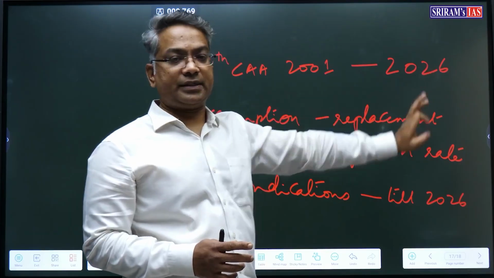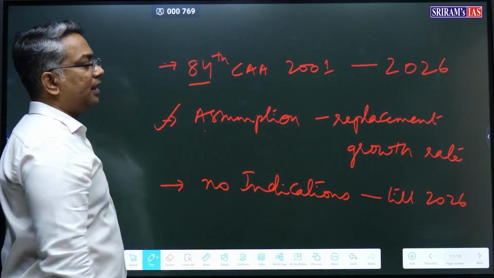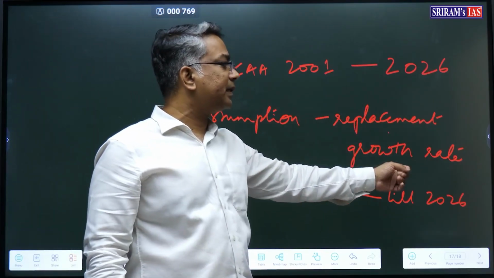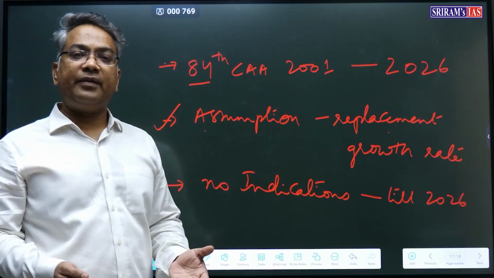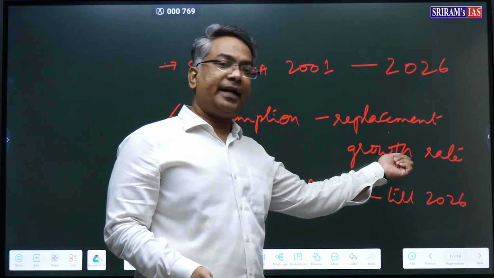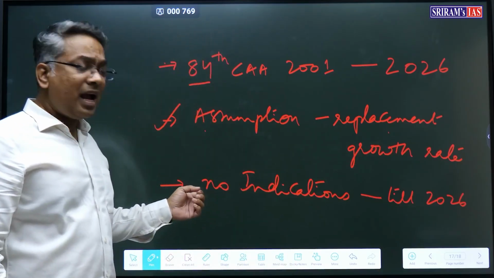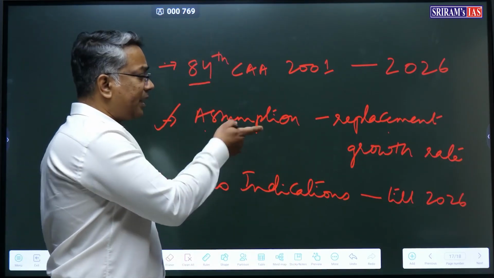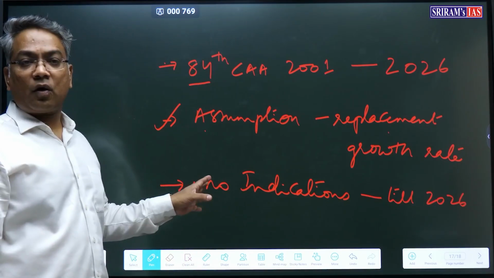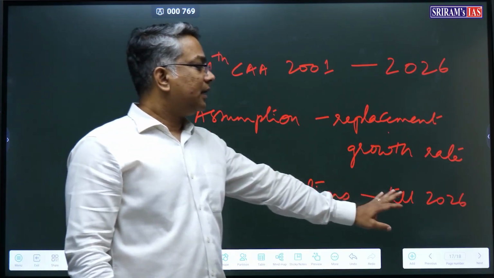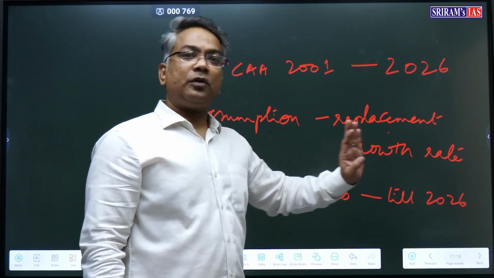So what was the assumption? The assumption was to reach the replacement growth level, where both the death rate and birth rate are equal. Now, are there any indications of reaching the replacement growth level? No, there are no indications of reaching the replacement growth level till 2026.